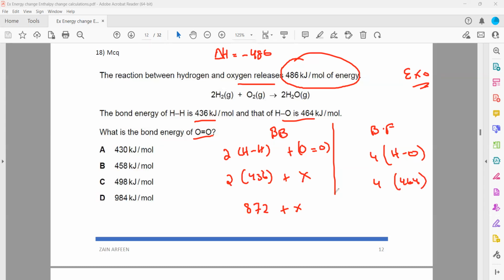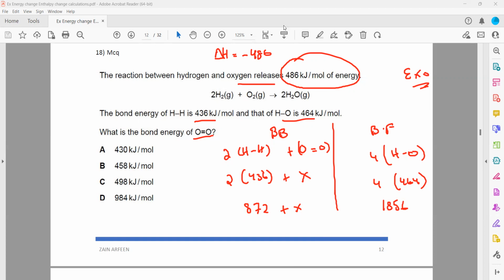What's the answer? 464 times 4 is 1856. So this is the bond forming energy.